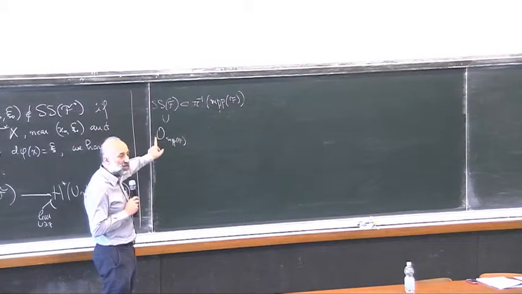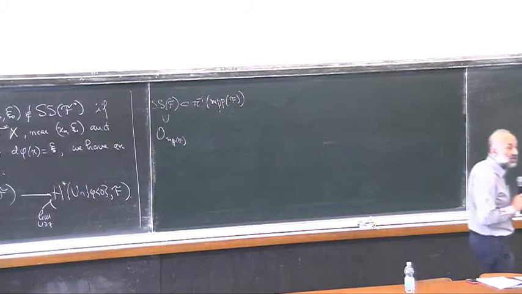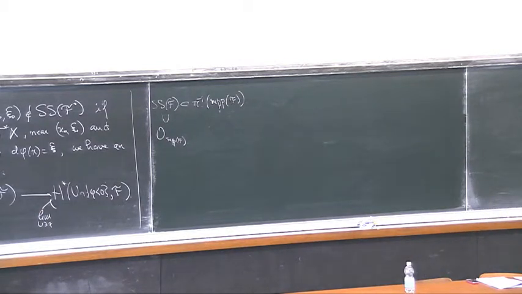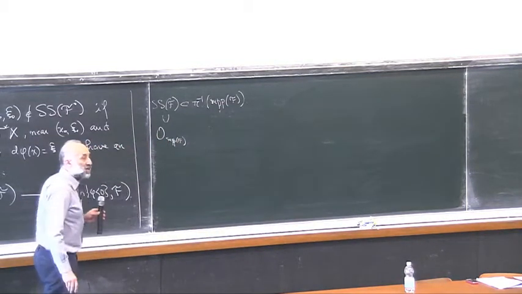Does this answer your question? Yeah. Can you remind very quickly what is the definition of support of F? Support of F is the set where you have sections which are not 0.